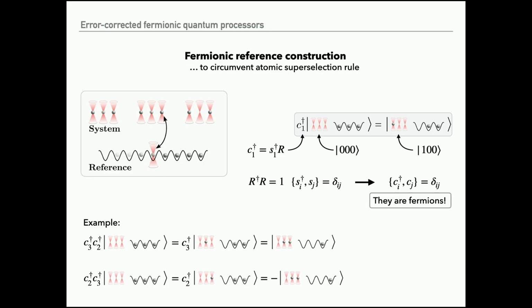The other way around, I first take out a fermion and put it into mode 3, but then if I take out another one and put it into mode 2, I have to cross the first one. So I get an inherent minus sign from the underlying exchange statistics of the atoms.